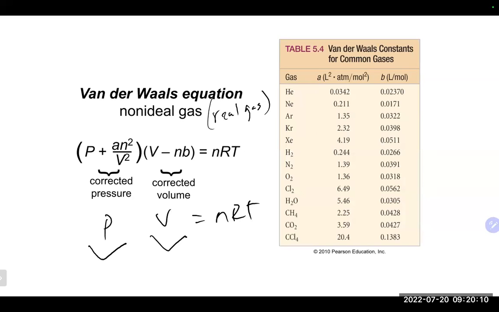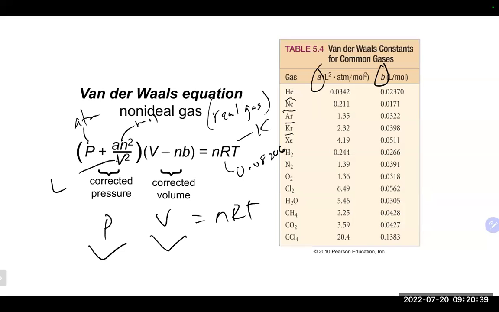Everything in here uses the same units that you would use in the ideal gas law. So pressure usually has to be in atmospheres, volume should be in liters, n in moles, and obviously temperature should be in Kelvin. R is 0.08206. Again, a and b are values that you can look up in a table, and they are specific to different gases.